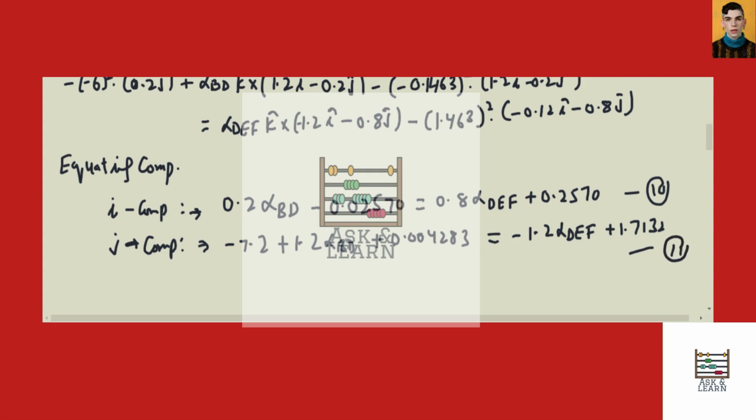By solving these two equations, you will get alpha DEF as 1.466 radian per second square.